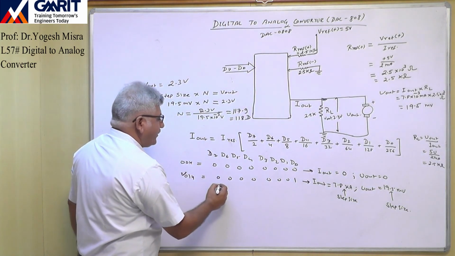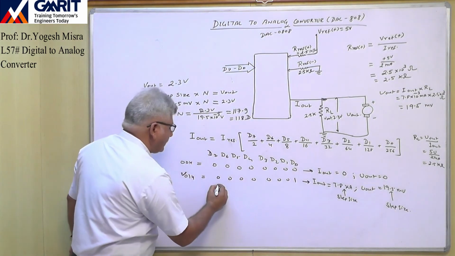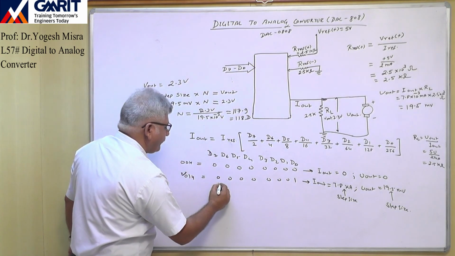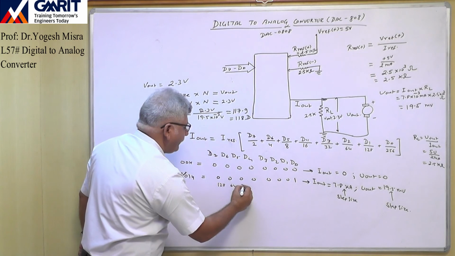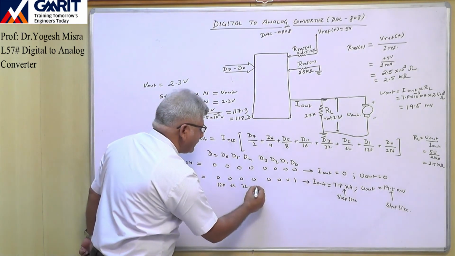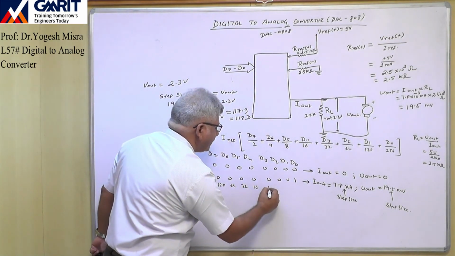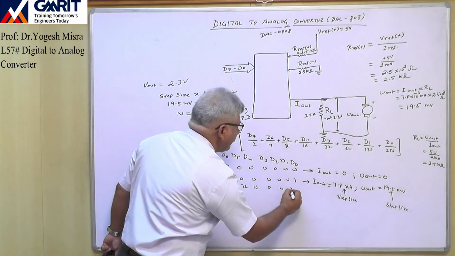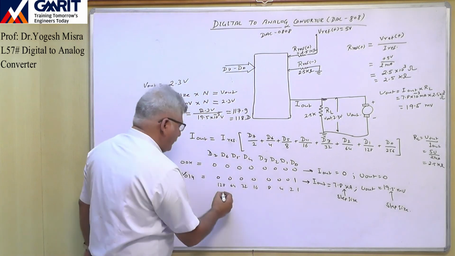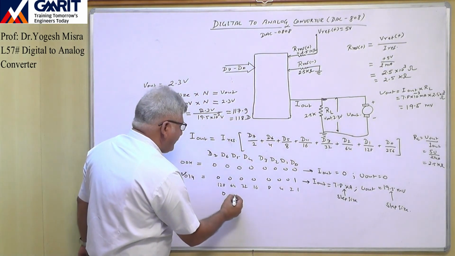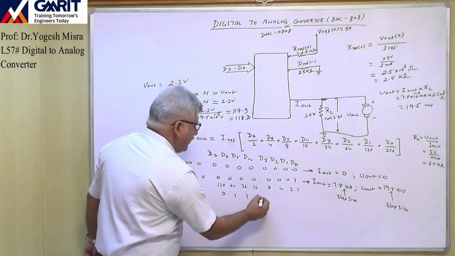we will just write the weights of these bits. The weight of the D7 bit is 128, D6 is 64, D5 is 32, D4 is 16, then D3 is 8, 4, 2, 1, and we require 118. So 0, 1, 1, 1, 1.